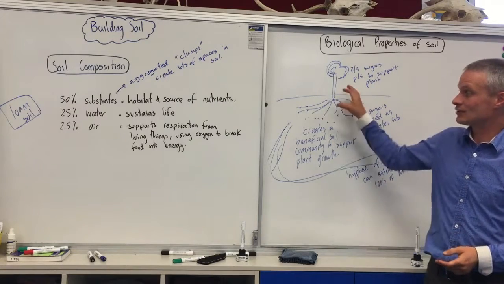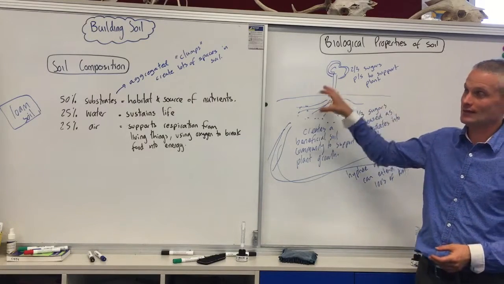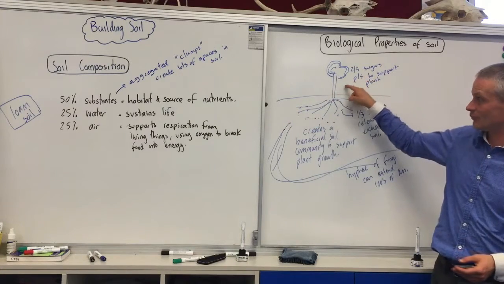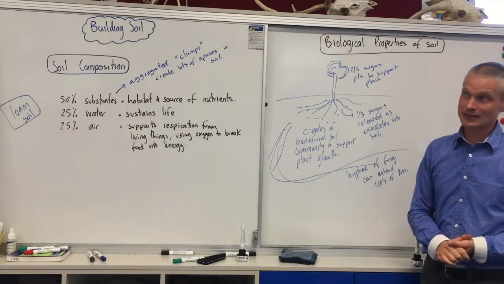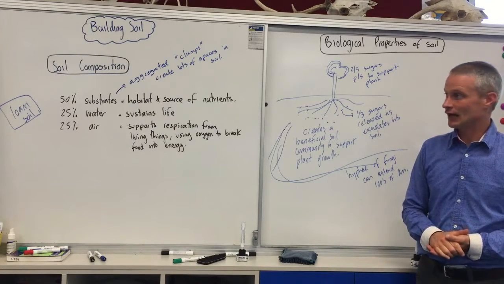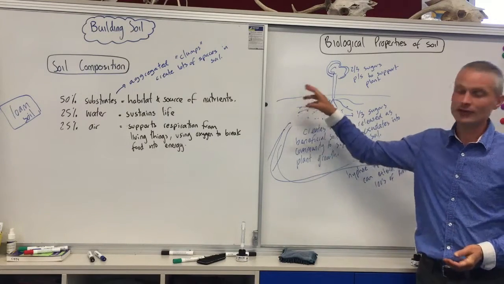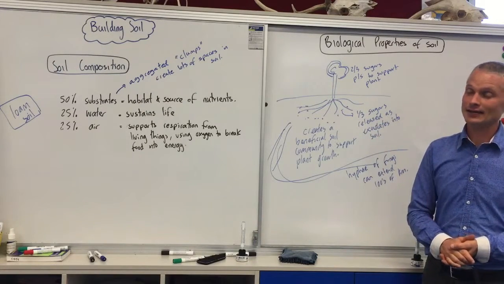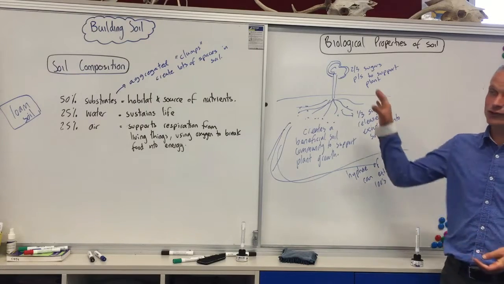So really the best thing you can do to create an environment in the soil that will be best for this plant is just to look after the growth of the plant. And initially that might be through certain inputs into the soil, just to get the system kick-started. But really it will do it for itself.